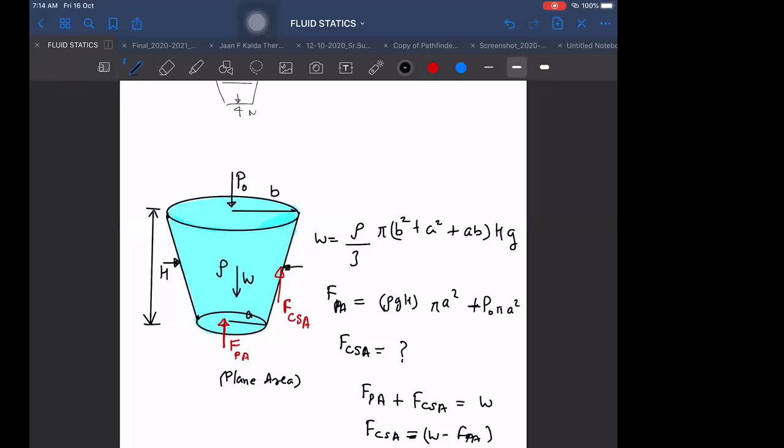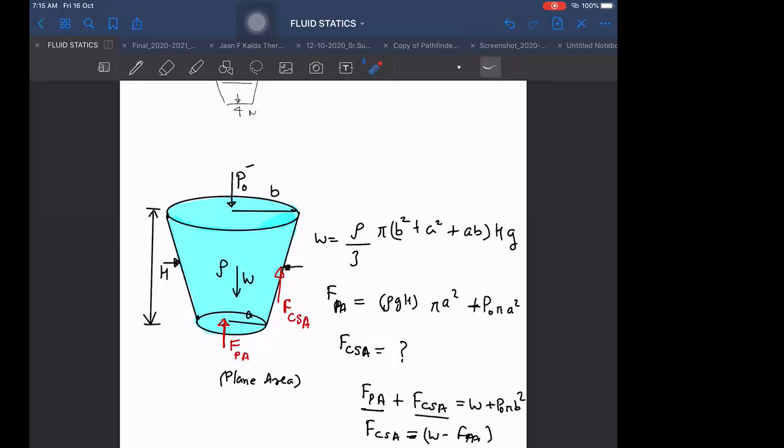But in that case, the free body diagram will be FPA plus FCSA is equal to not W, but extra more than W, because P naught from above is also acting, plus P naught into pi B square. Means these two terms will come additionally. So again, you can see P naught will be coming there in that case.